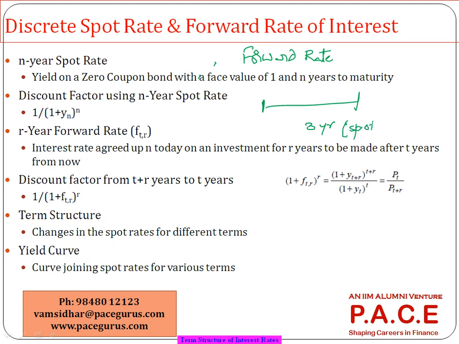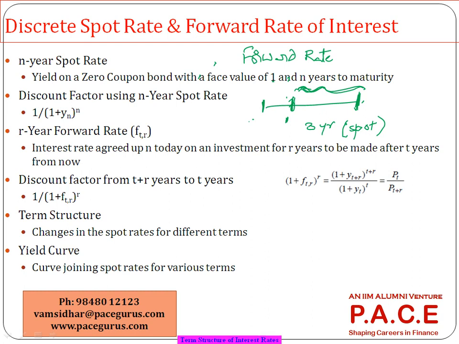But if I say after 1 year, I am finding out the 2 year interest rate, right? From now, a 3 year rate should be the same as, if I am talking about 1 year from now, whatever is the 2 years from that point.